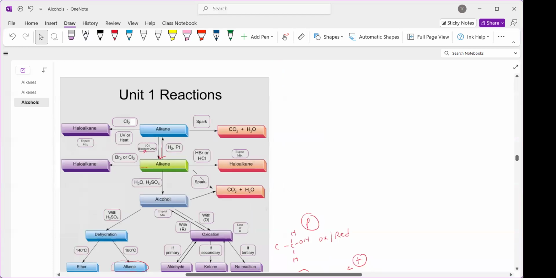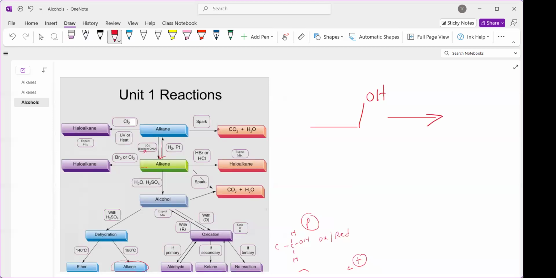Okay. What happens if I have, let's say, ethanol, and I threw it in a very hot vat of sulfuric acid?